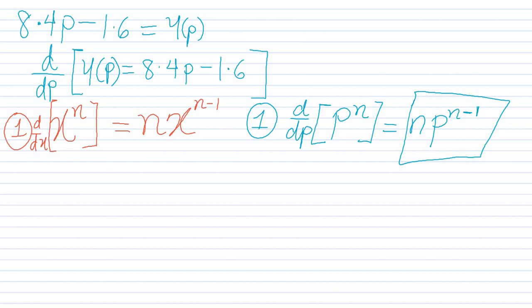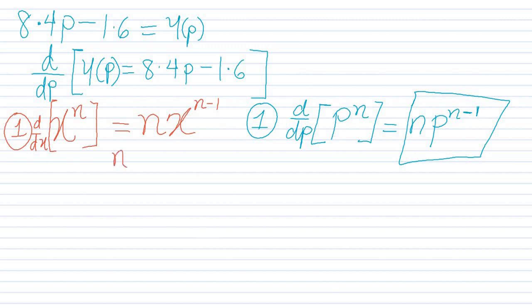But now that we've had this, one thing you need to know is n has to be a non-zero real number. It's not just an integer, it's a non-zero real number.